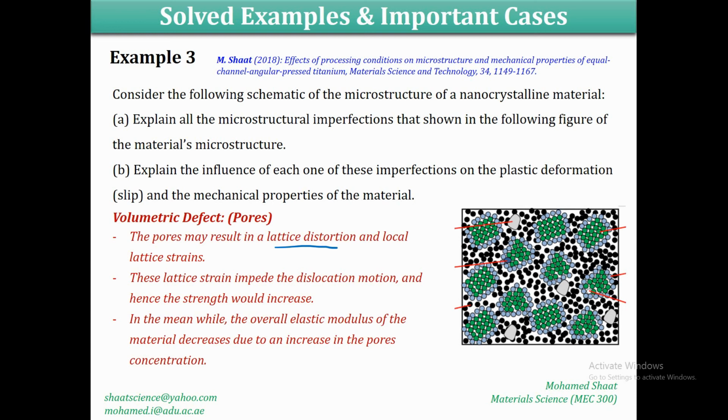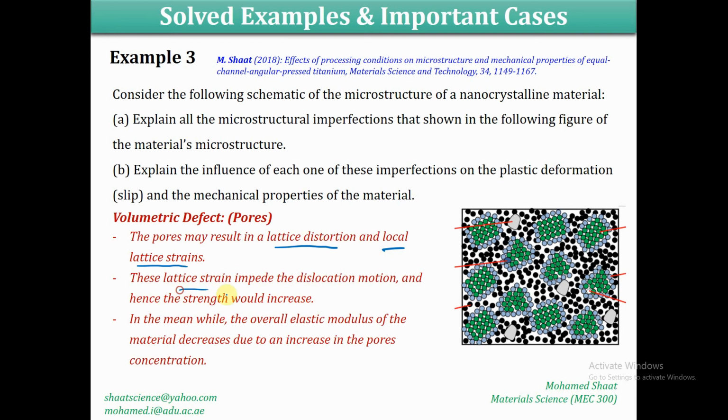So we can deal with it like a vacancy, but over the general microstructure of the material. In that case, it will also produce some lattice distortion and local lattice strain, very similar to the vacancies that we explained in chapter 4. So it should have the same effect as the conventional vacancies.